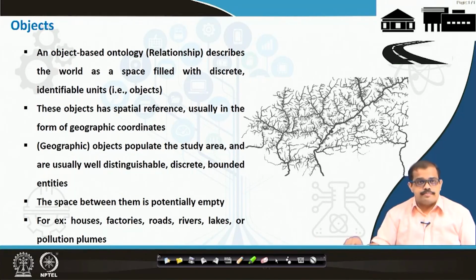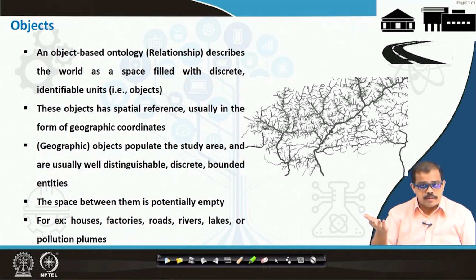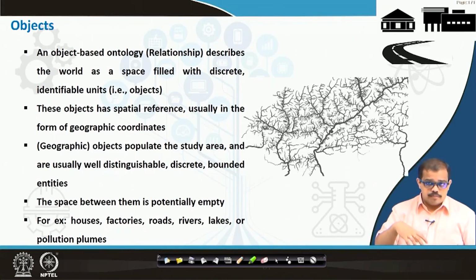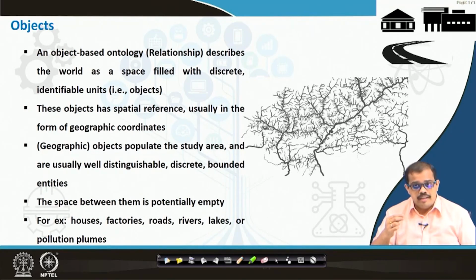Each of these objects has a spatial reference, usually in the form of geographic coordinates. When you add a geographic value, it becomes a geographic coordinate, and these geographic objects populate the entire study area.